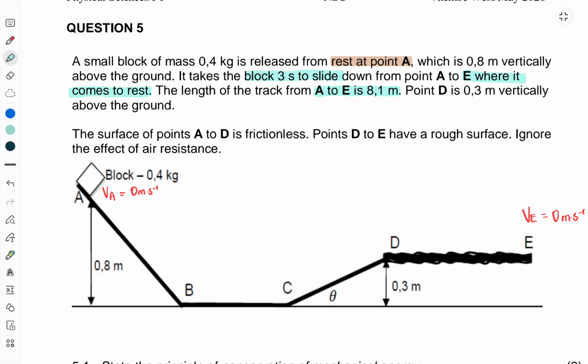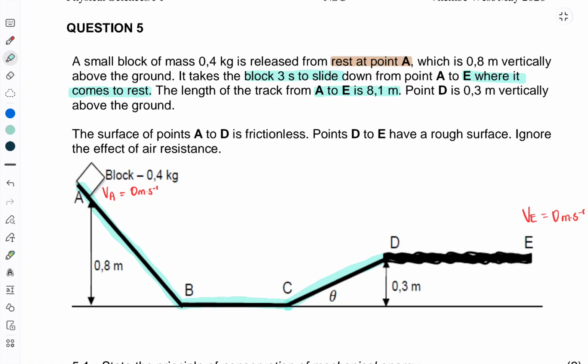The surface of points A to D is frictionless. This whole part A, B, C, D, there's no friction there. That means if there is no friction, we can usually use our energy principles to find whatever physical quantities we need at these points.